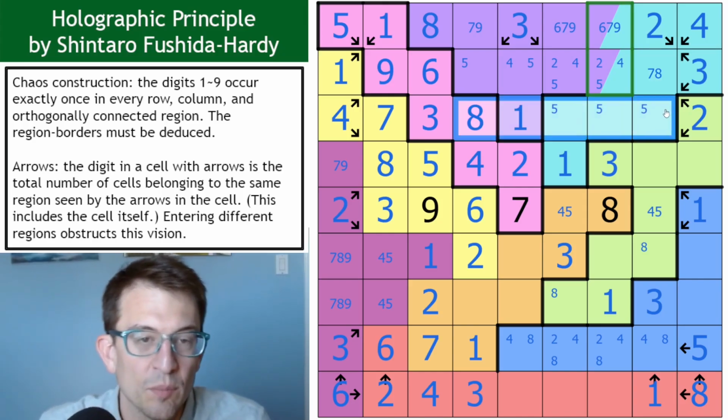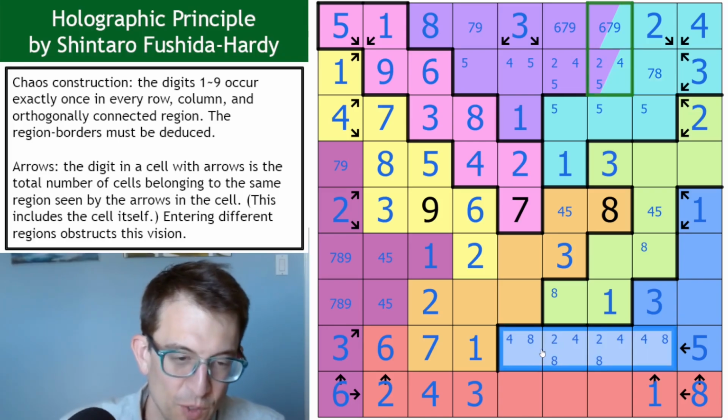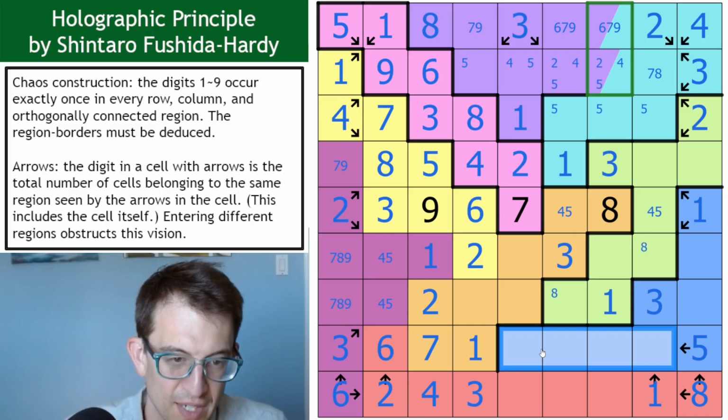Where's my 8 in blue? I guess it could be either of these. Okay, I just know what these digits are. These are 2, 4, 8, 9.